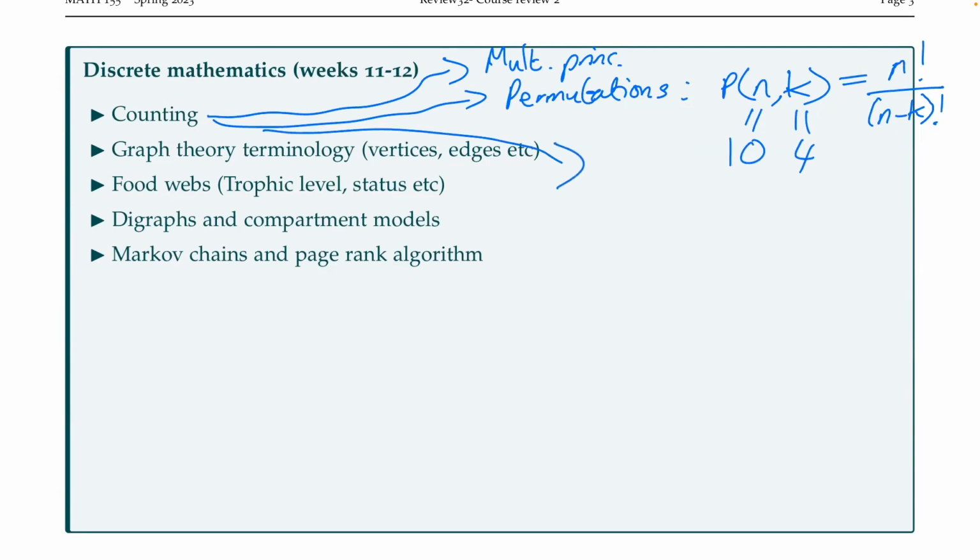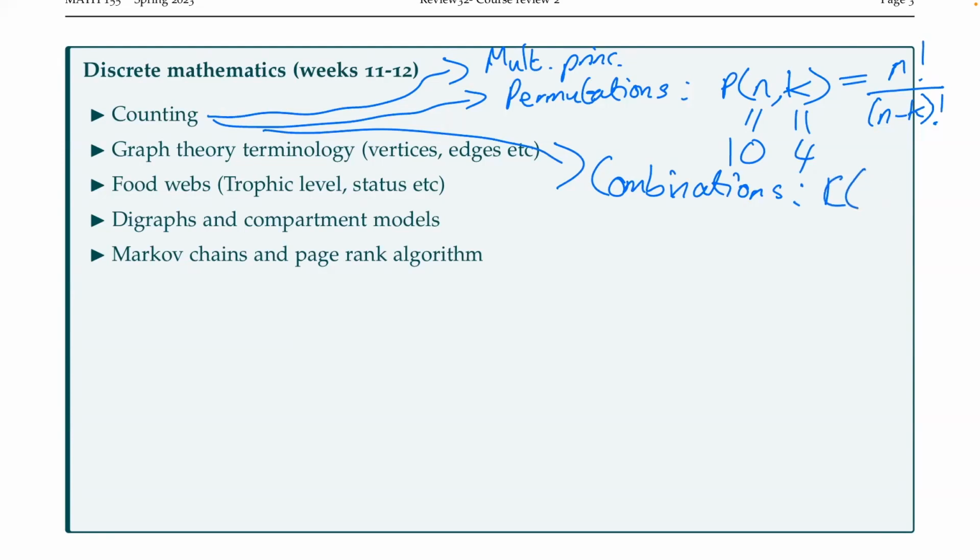The example of combinations is where the order doesn't matter. So if I was picking from that same group of 10 teams of 4, but I don't care about the order, then in that case, we would have what's referred to as 10 choose 4.